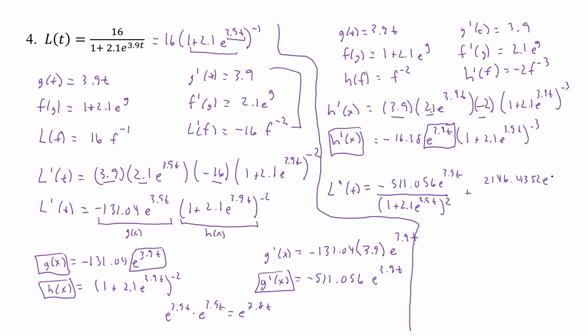So then we'll have e to the 7.8t. And then let's see, where are we at here? So that was my g. So now I've got that. So now all I have left is over (1 plus 2.1 e to the 3.9t) cubed, okay? And so that then is my L double prime.